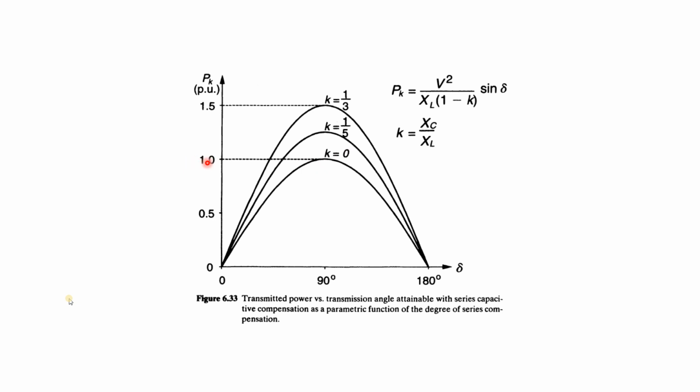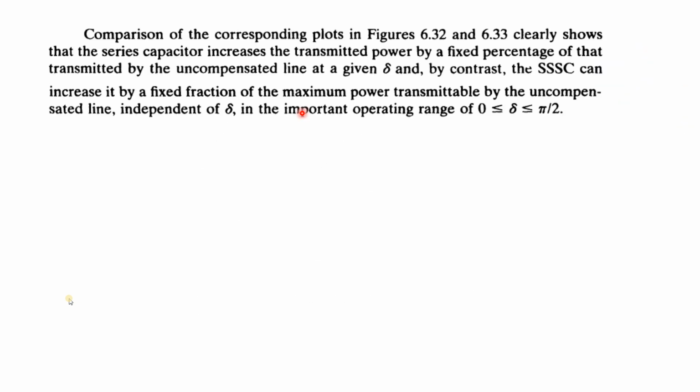The line is not compensated because there is no compensation in the line, so that power is 1.5. But with the help of compensation, the power can be increased to 1.5 per unit. That means we are able to increase the power transfer. The power transmission has increased considerably with the help of a series capacitor compensator, and also by using an SSSC.